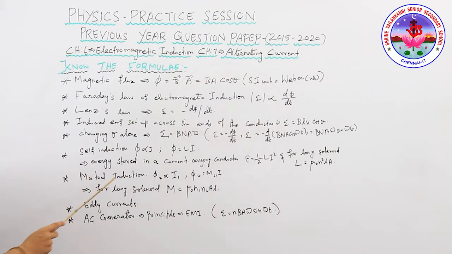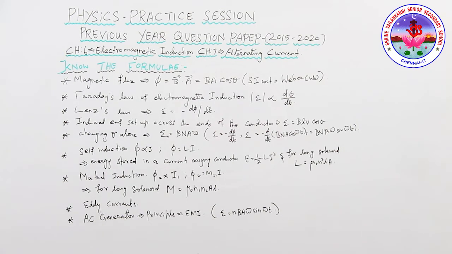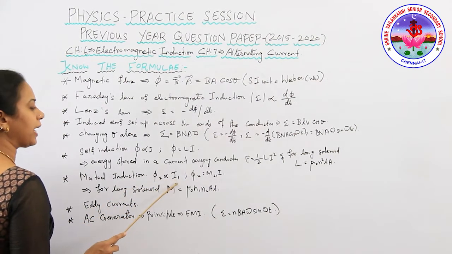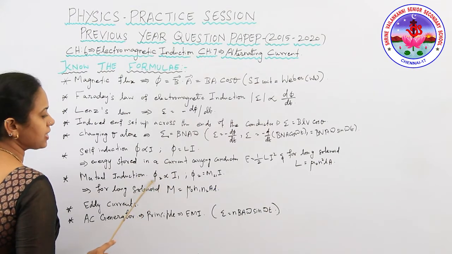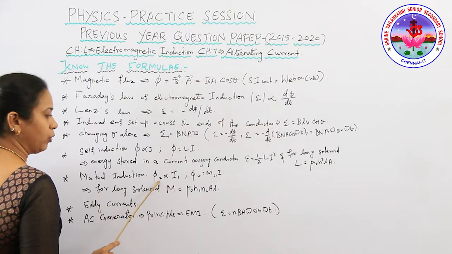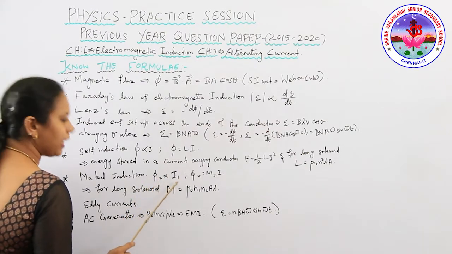The same way we have mutual inductance. Mutual inductance is the phenomenon of induction of EMF in a coil due to change in the current or the magnetic flux linked with the neighboring coil, the next coil. So phi 2 is directly proportional to I1. The magnetic flux changed in one coil is affecting another coil.